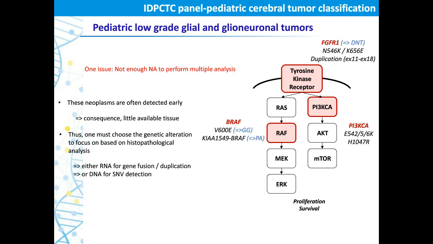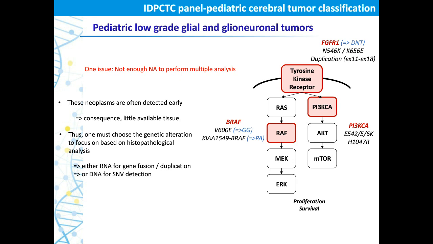However, there is one issue: there are not enough nucleic acids to perform all this analysis. As I mentioned, those neoplasms are frequent, and they are often detected early. So the consequence is that there is little tissue available. You have to choose which alteration to focus on based on the histopathological analysis.